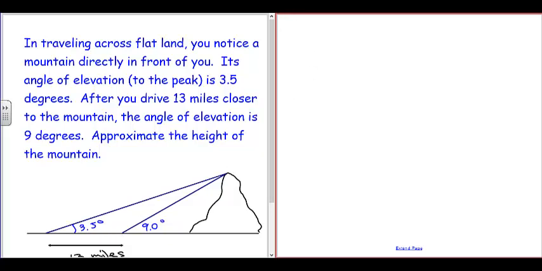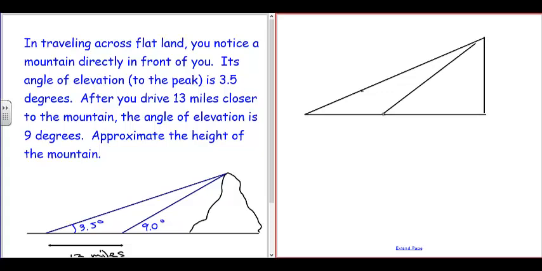So what we end up with is 2 right triangles. So we've got this one right triangle like this, and the key thing is that the opposite side is the same for both triangles, and that's what we're trying to figure out. What is the height? So this is opposite.